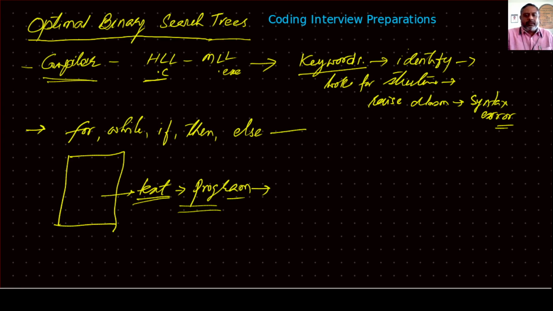The next step is to identify whether a word in the text, whatever we find, is a keyword or not. For that, what you need to do is to have a list of keywords.